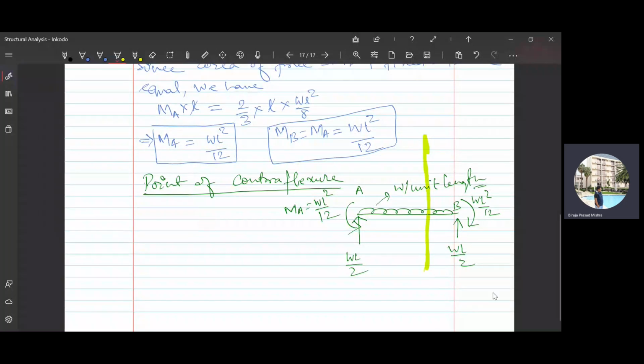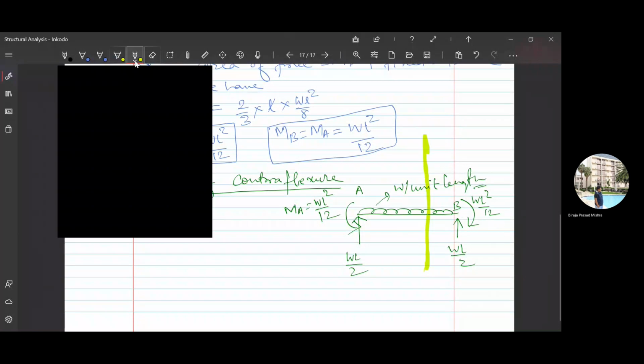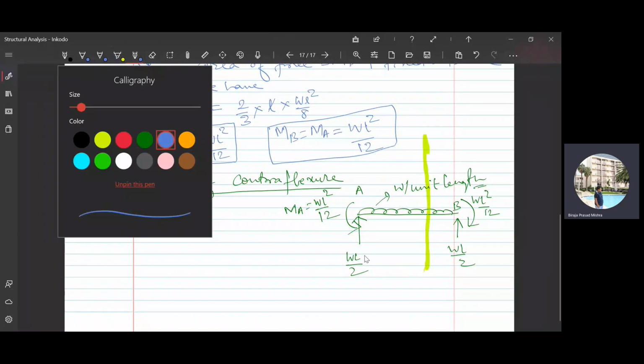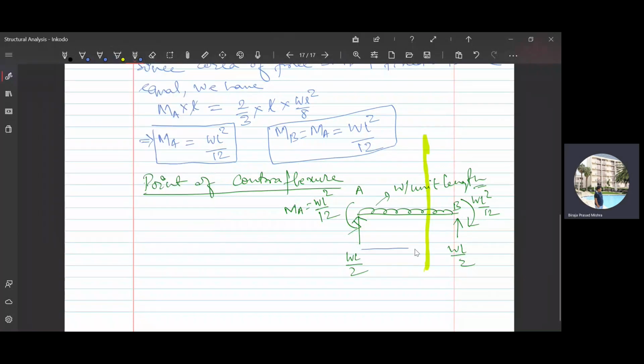Okay. So let us take a section here, and this section is at a distance of x from the support A. Okay. So this section is at a distance of x from the left support. Okay. Now I need to determine the moment at this section. Okay, what is the value?